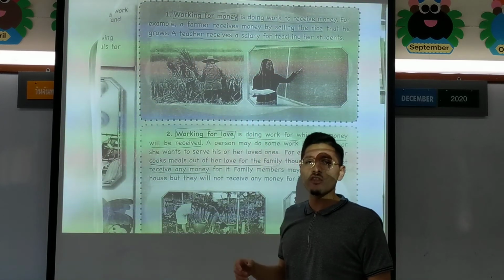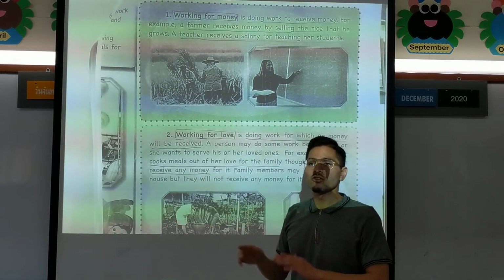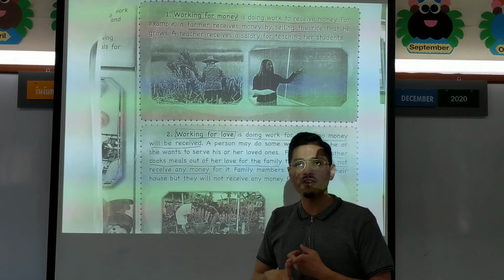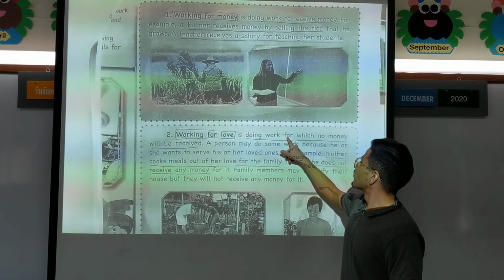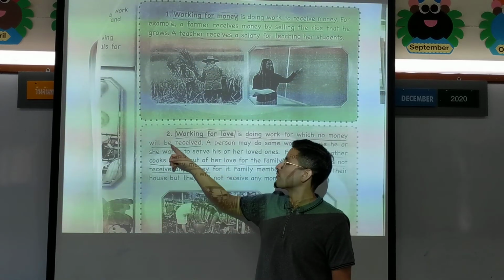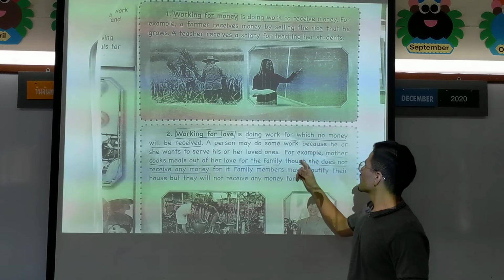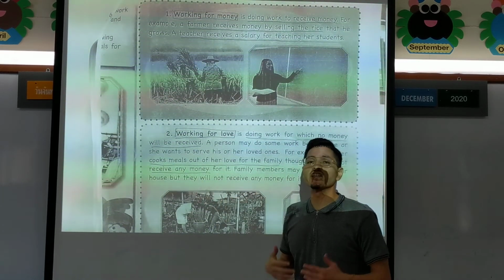But what about the other way? Working for love. This, you do not get paid money. You do it because you love your family, your friends, okay? So doing work for which no money will be received. We do not get paid. An example, your mother, she cooks you dinner because she loves you.